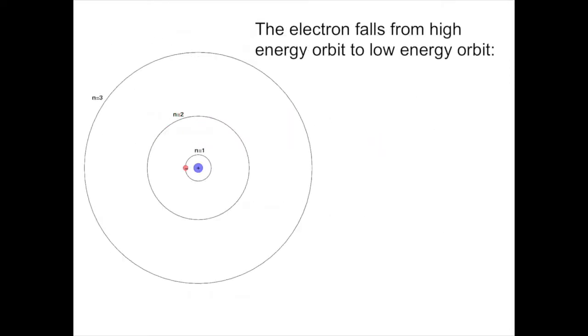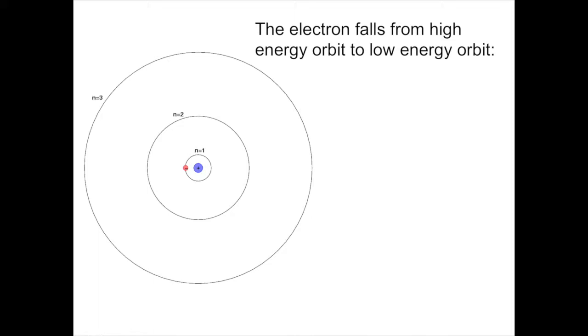So here's a sketch of a hydrogen atom, and I've drawn in the first three orbits of the atom, numbered 1, 2, and 3. The laws of quantum mechanics say the electron can only be in orbit 1, like shown in the sketch, or orbit 2, or orbit 3. Consider the possibility of the atom being in a high orbit, perhaps up in orbit 3.